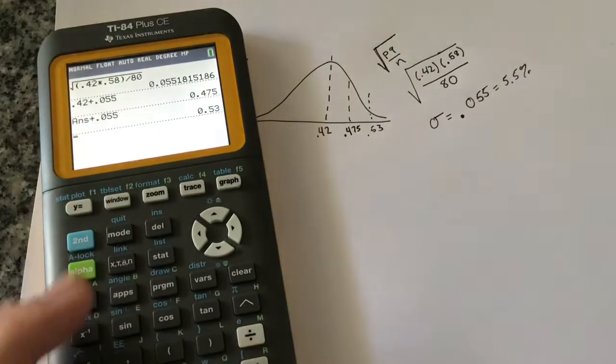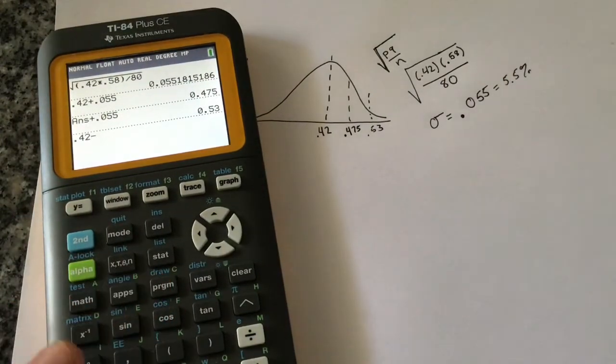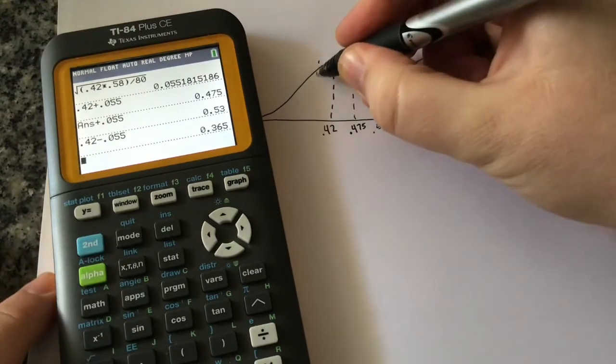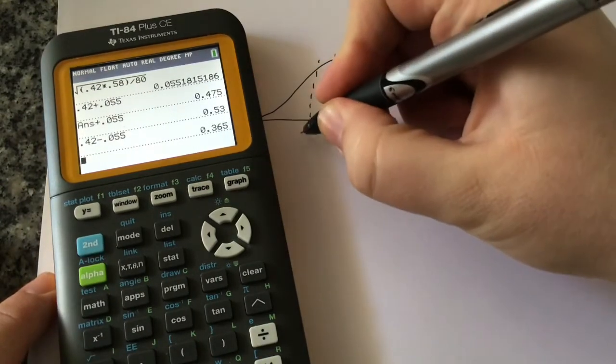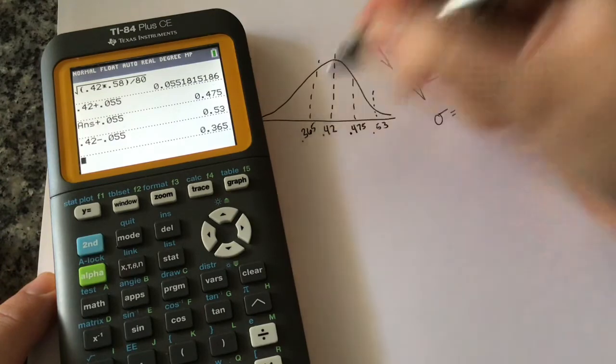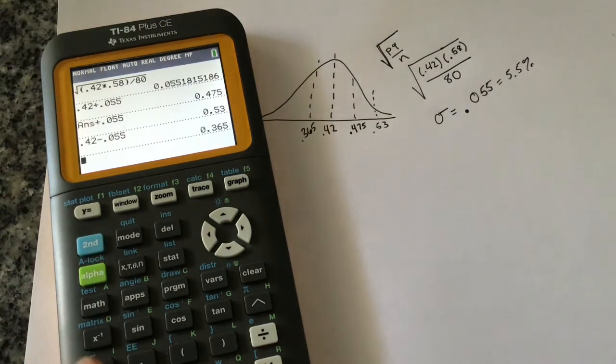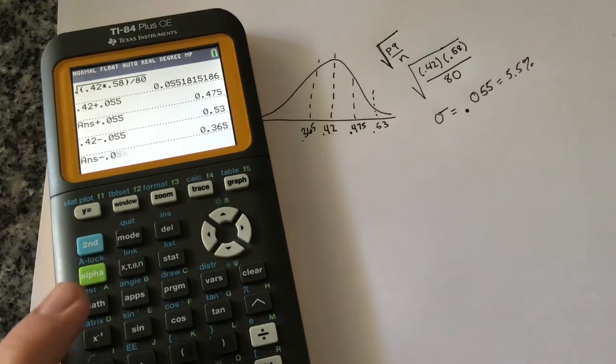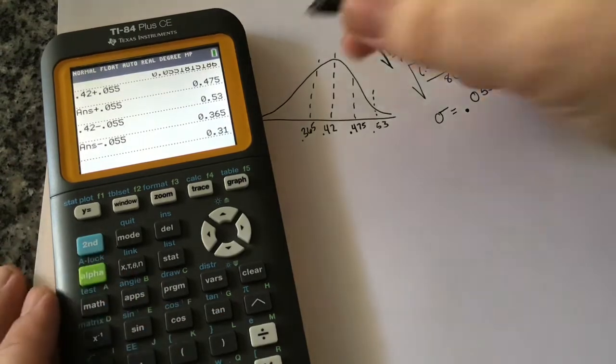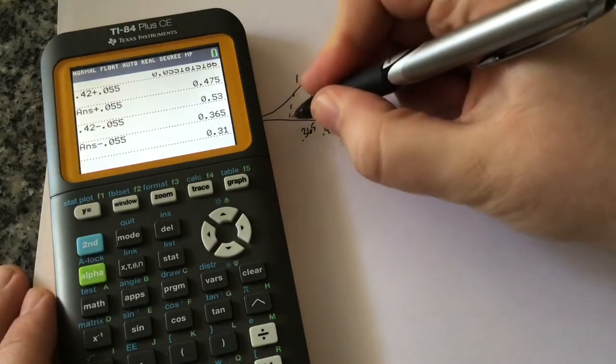Now we can also subtract these numbers. One standard deviation on the lower side is going to be at 36.5%. And then one standard deviation below that will be at 31%.